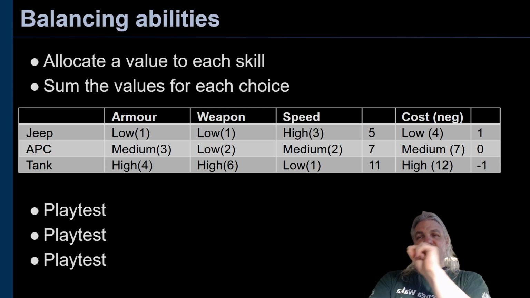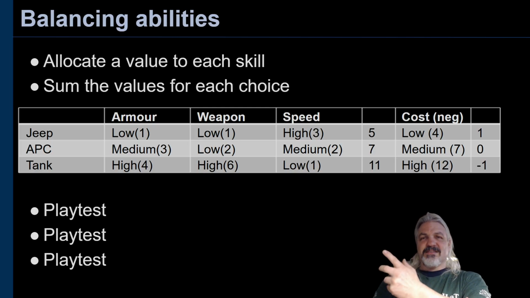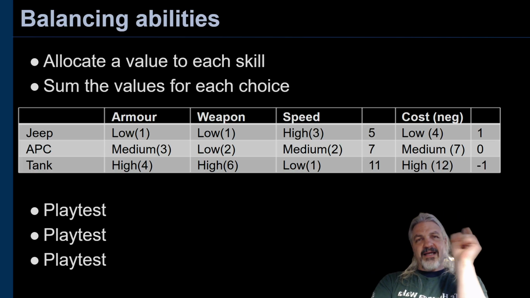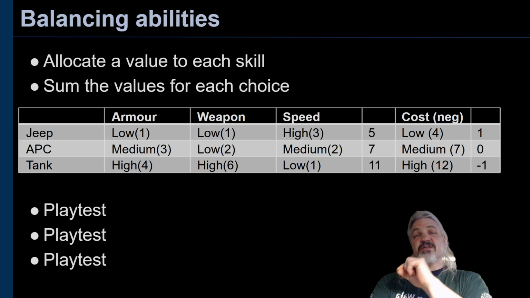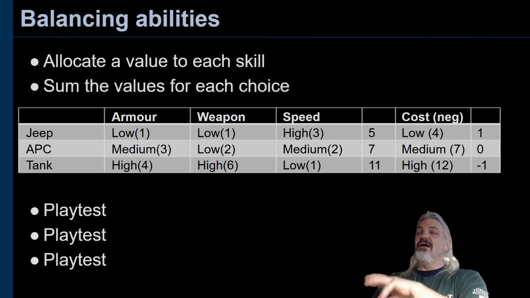And then you move across and you say that's for armor, that's for weapon, that's for speed. That will give me some sum across those scores. And then I can give a price, which is probably negative, for the value of those items, right?